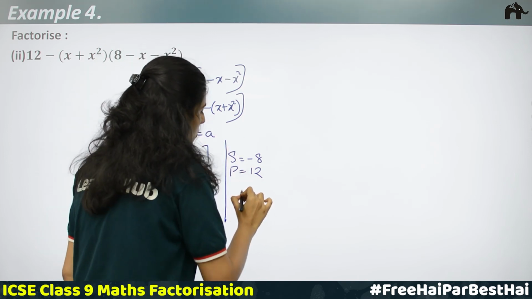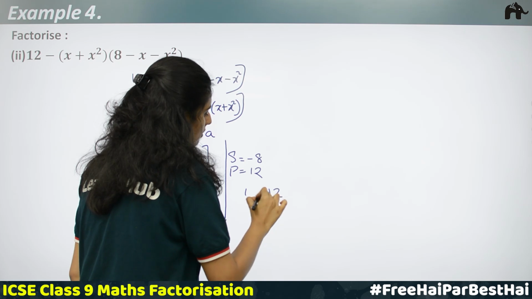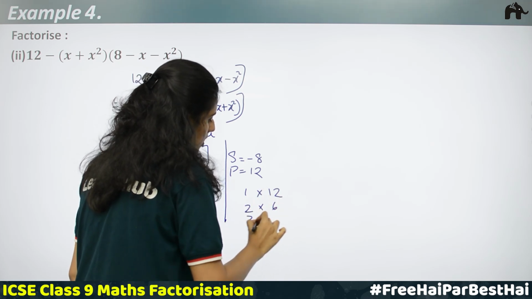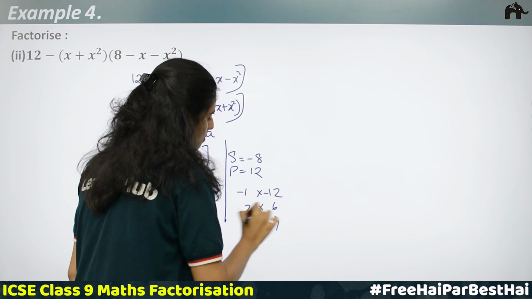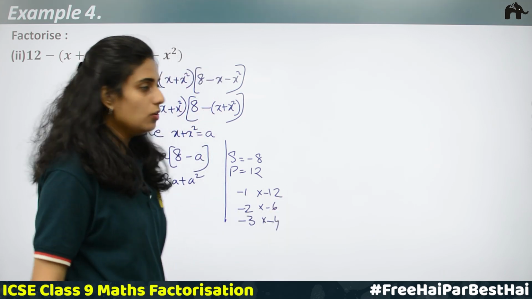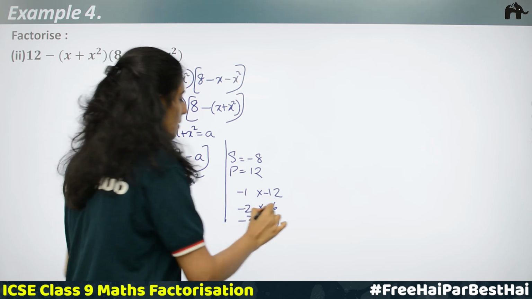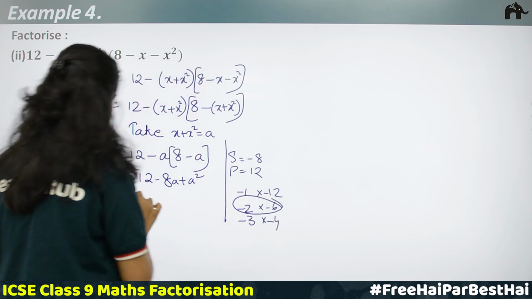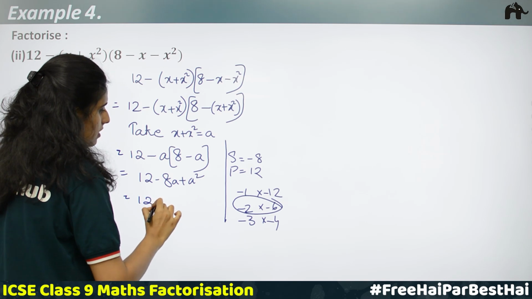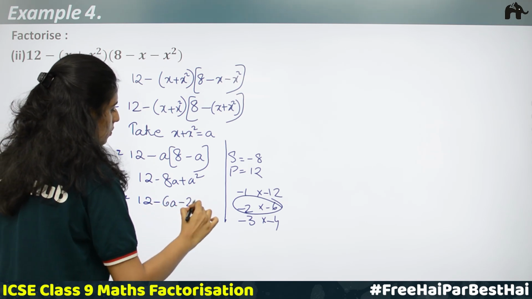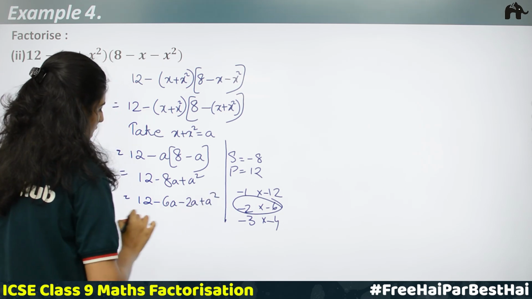Okay, so 1 and 12, then 2 and 6, 3 and 4, all the numbers should be negative. Okay, now you have to get minus 8, minus 2, minus 6 is minus 8. Okay, so we got the two numbers, 12 minus 6a minus 2a plus a square, taking common.